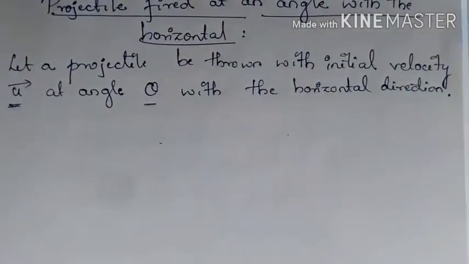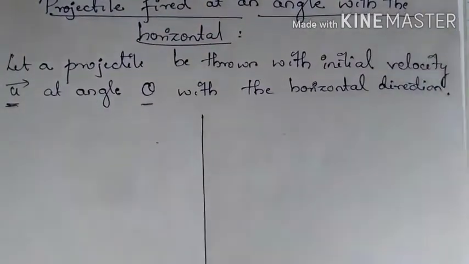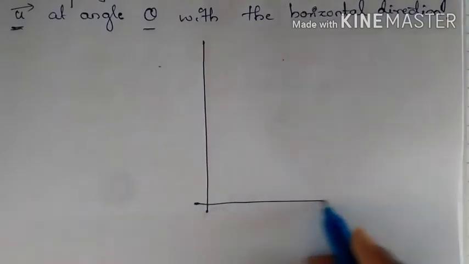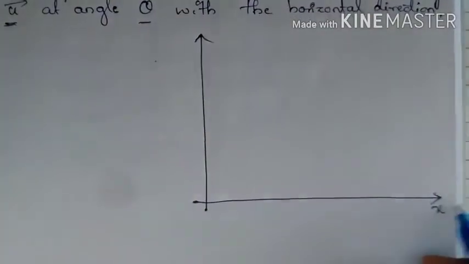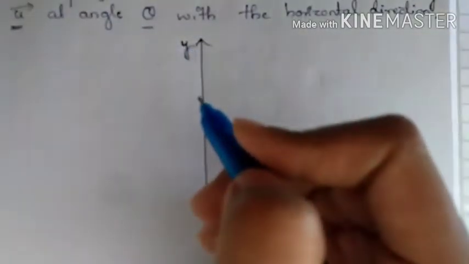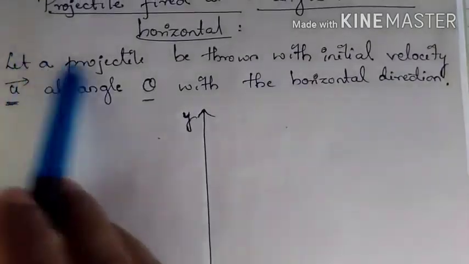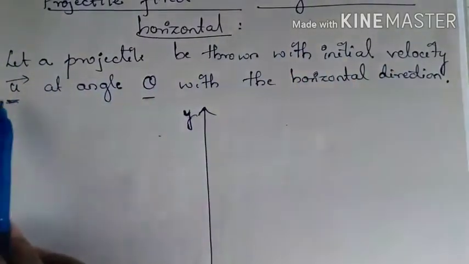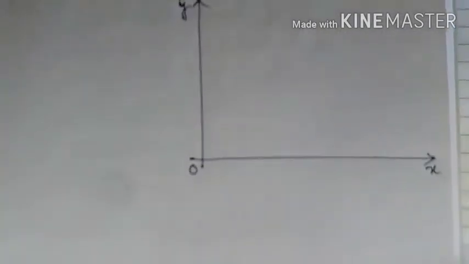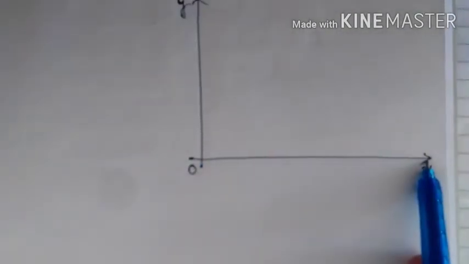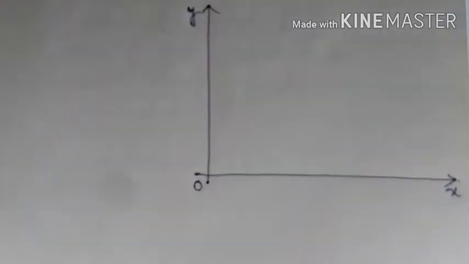Now here you can directly draw the diagram. You have the x and y axis. Here is the origin. What he is telling is, let a projectile be thrown with initial velocity u at an angle theta with the horizontal direction. Horizontal direction is this direction and this is the vertical direction.